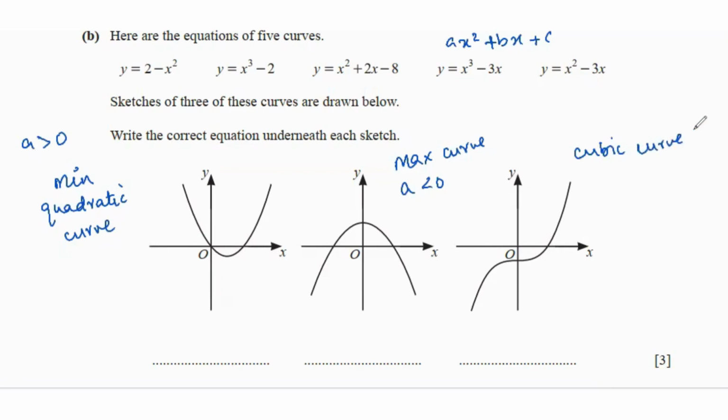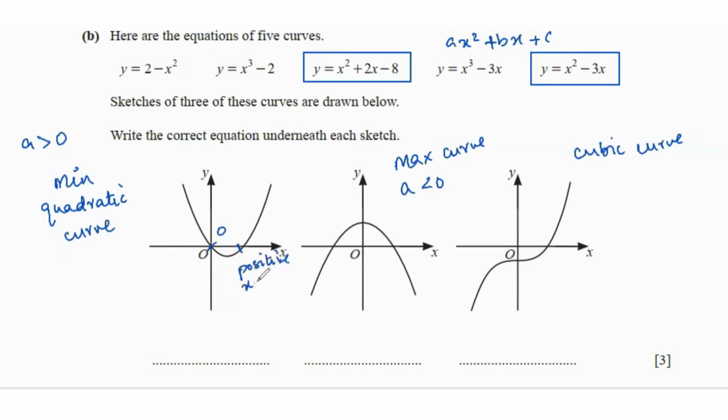So going back to the equations, if we look at our given equations, the a value is greater than 0 in this one and this one. Now we look at the x-intercepts. For the x-intercepts, we know this is 0 over here, and this is some positive x value.